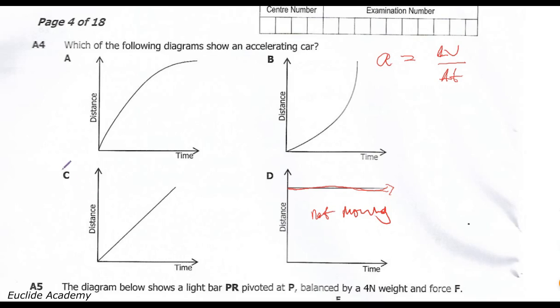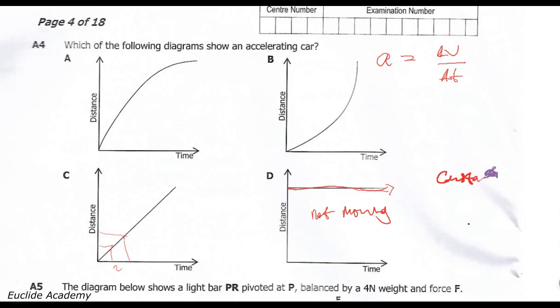So let's look at DC. I've got a distance here and time here. So right here we have got a constant. If you see this line here, it means that's a constant speed, or constant velocity. So what happens when the velocity is constant?